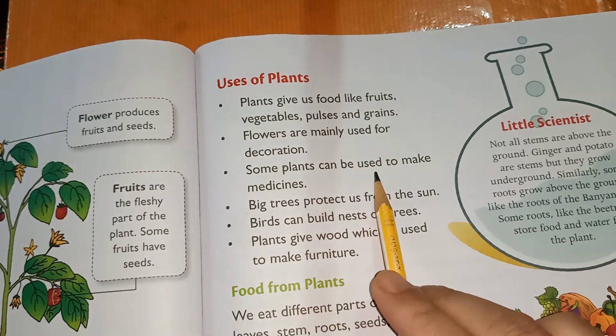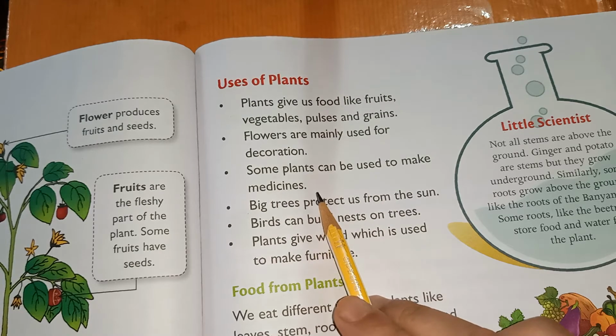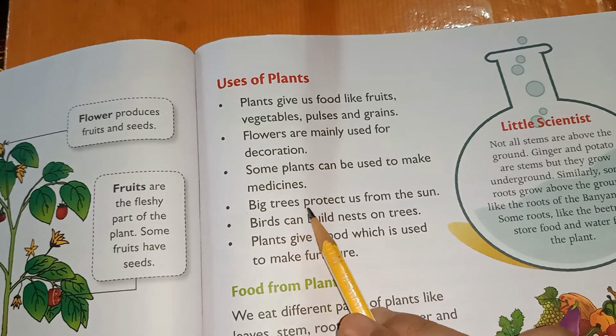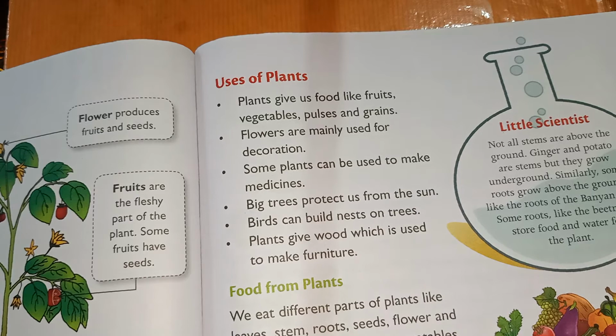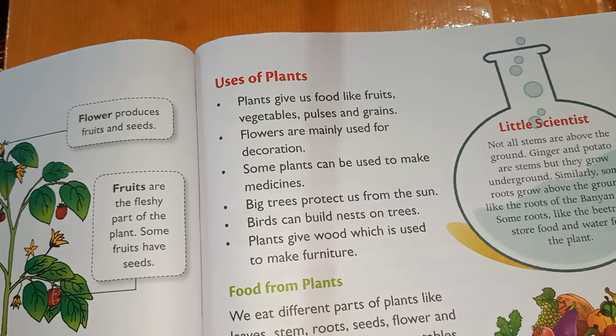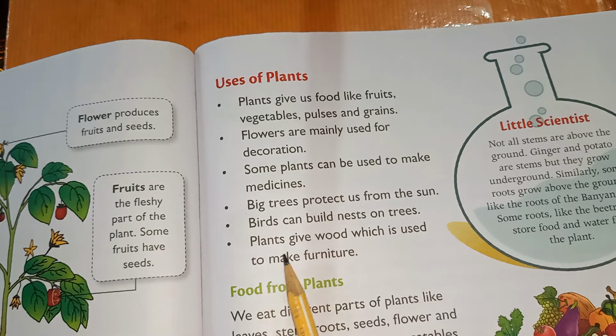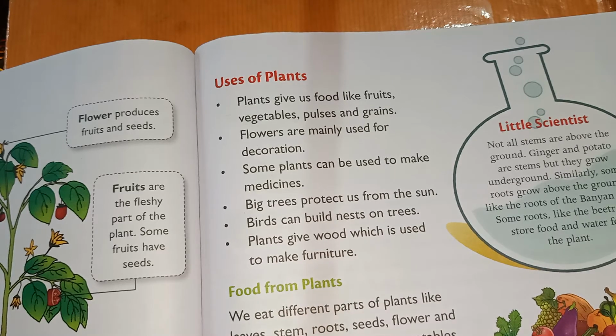Some plants can be used to make medicines also. And big trees protect us from the sun by providing shade. Birds can build nests on trees, so trees can be home of birds. Even some animals like cheetah or leopard live on trees. And plants give us wood which is used to make furniture. So these are some of the important uses of plants.